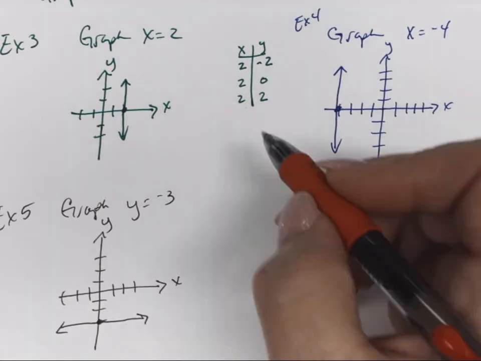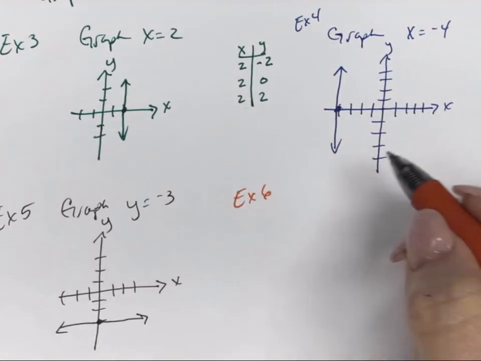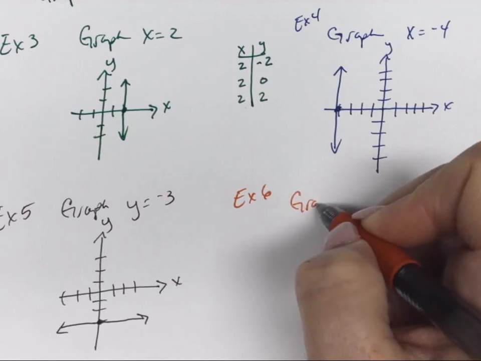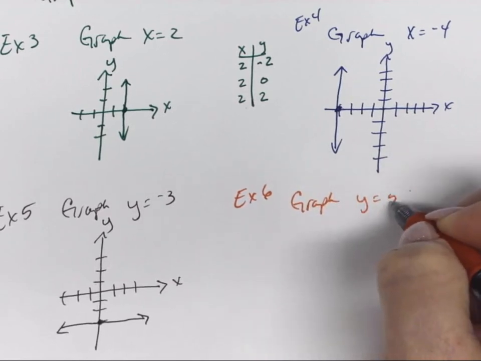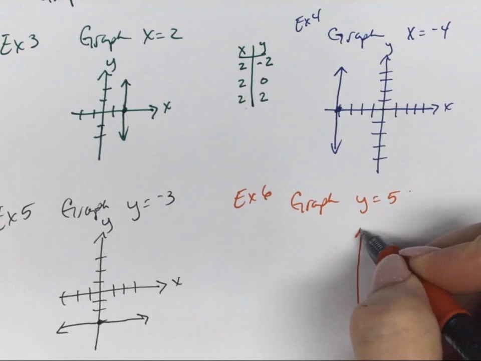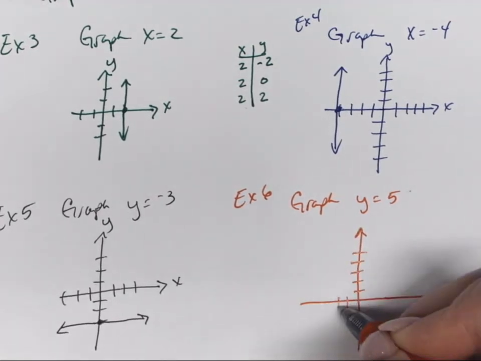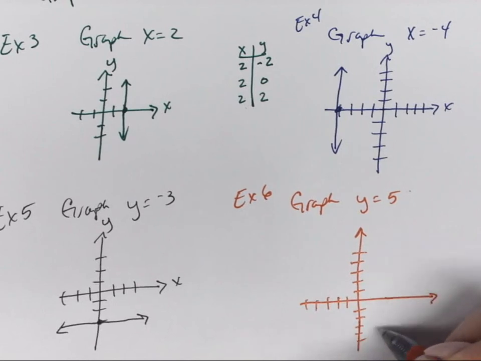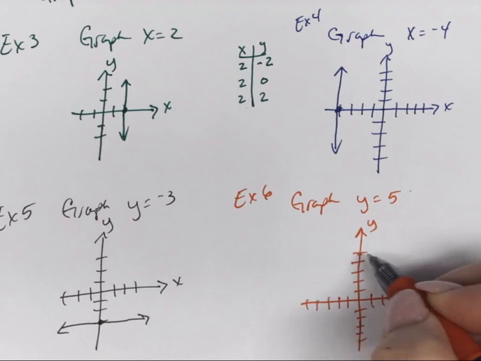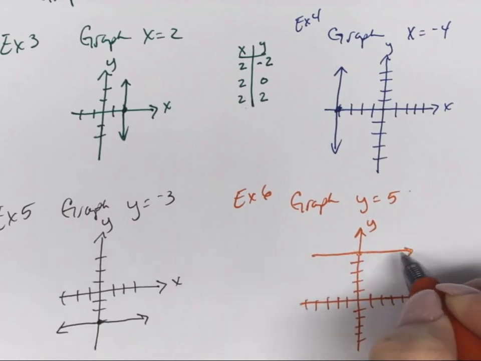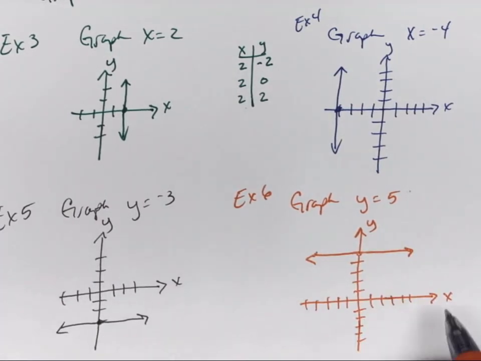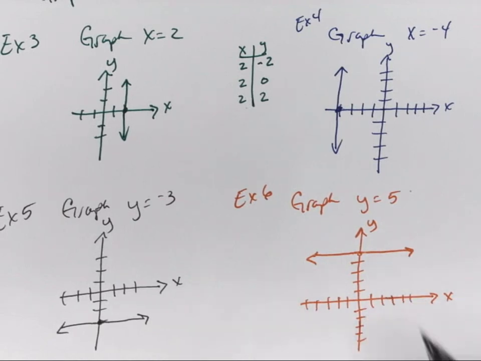So if we look at example 6, we're looking at graphing y is equal to +5. So at +5, y is always going to equal that. No matter what x is, y will always be 5. And so that is our horizontal line.